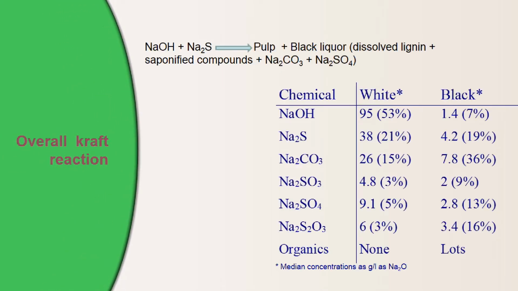Let's start summarizing the overall reaction, the Kraft reaction in the digester. Our white liquor chemicals, NaOH and Na2S, dissociate to form OH- and SH-. These are the active ions that will react with the lignin in our wood.